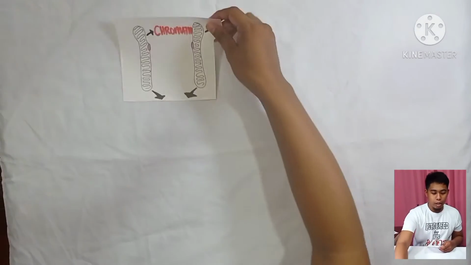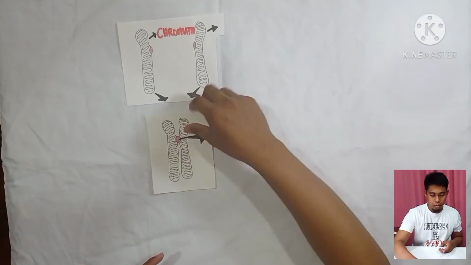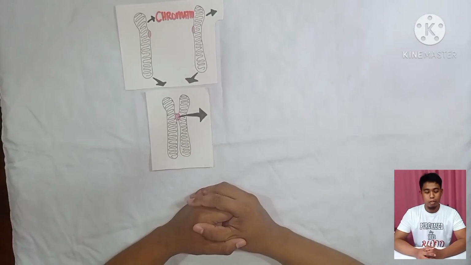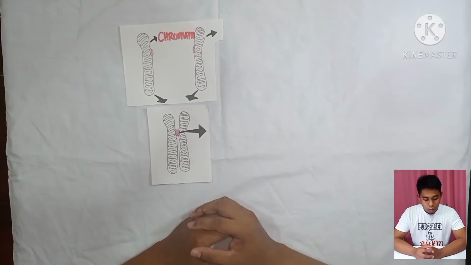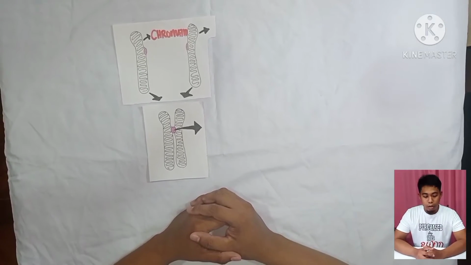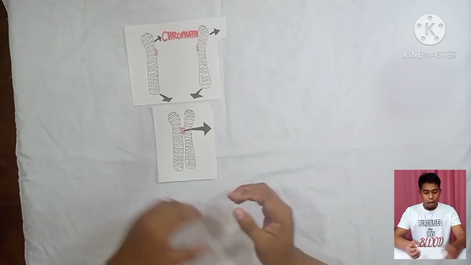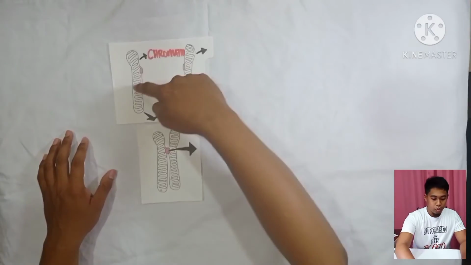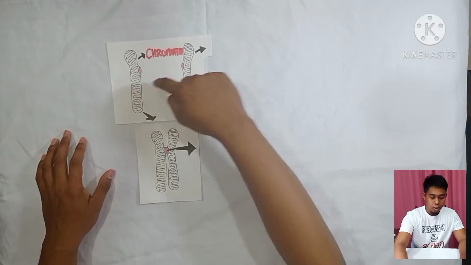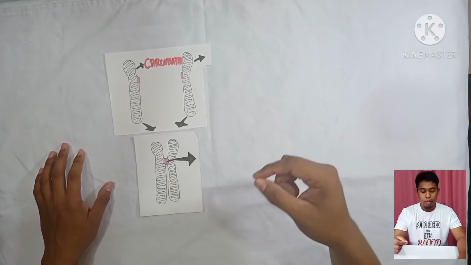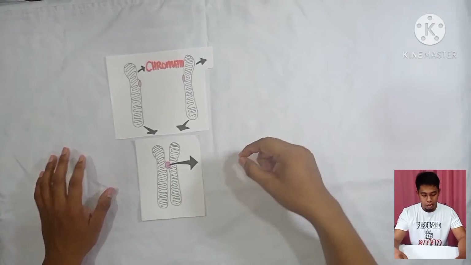Now, we understand that chromosomes become visible during mitosis. So now we are going to determine the different parts of a chromosome. A chromosome is composed of two chromatids, this one. Chromatids are the coiled, dense form of chromatin.